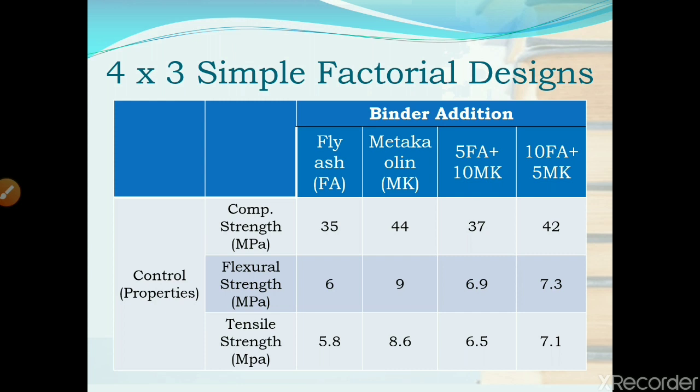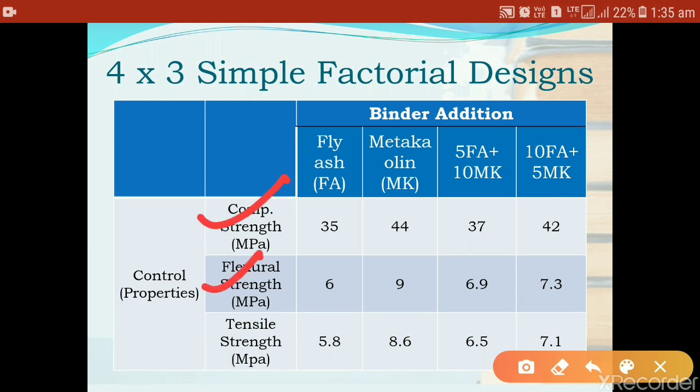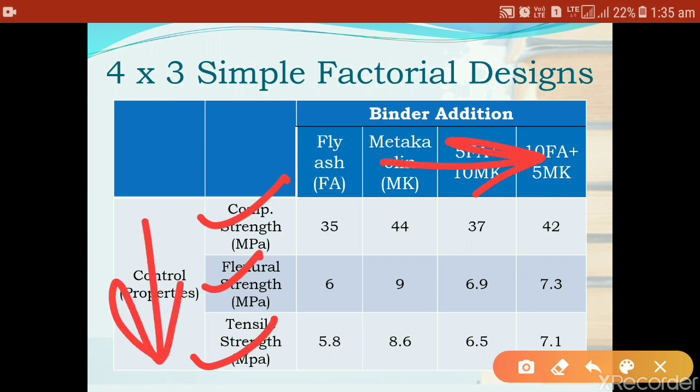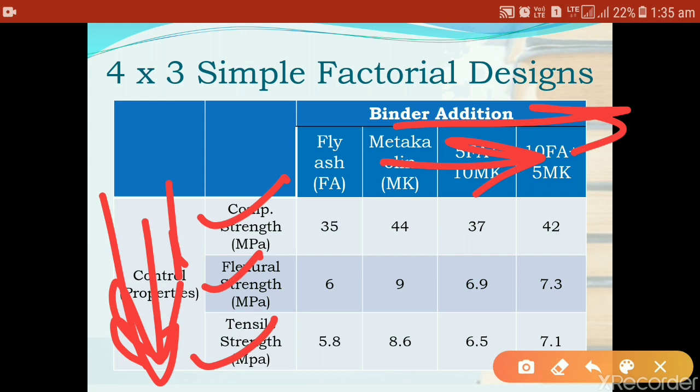And then I am measuring 3 properties: compressive strength, flexural strength, and tensile strength. So this is a 4 by 3. So similarly it may be 5 by 2, it may be 5 by 4, or any type of factorial design.